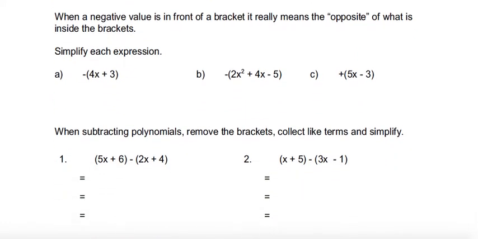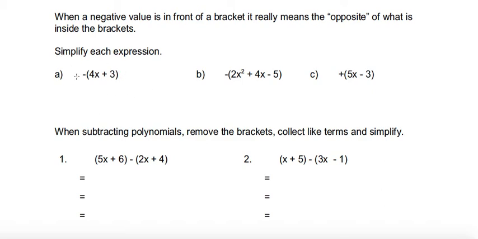So when you see it in the question, you're going to see the expression inside of a bracket with that negative sign out front to show that you're subtracting. So when a negative value is in front of a bracket, it really means the opposite of what's inside of the bracket. So we're going to simplify each of the expressions by writing this as the opposite expression.